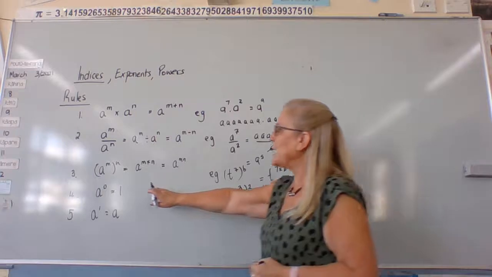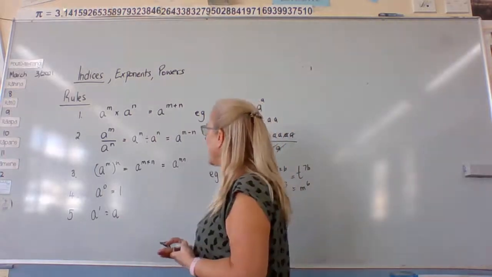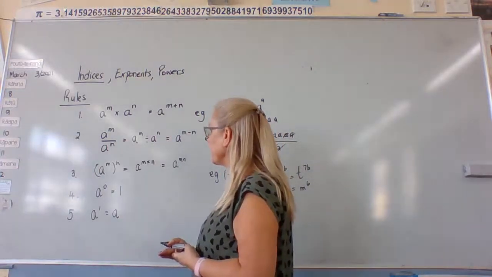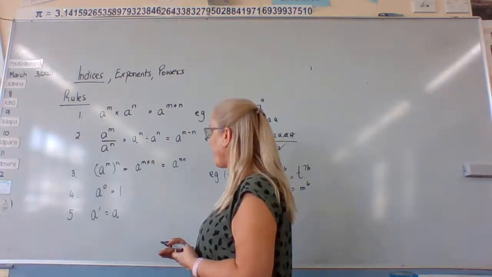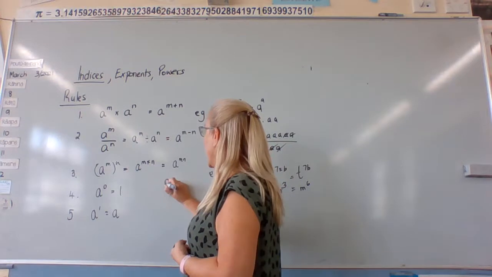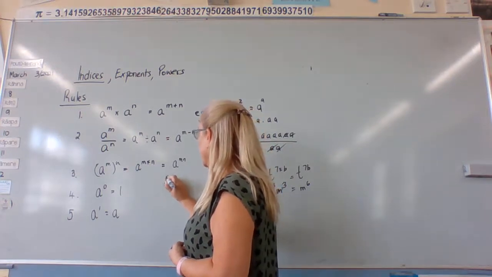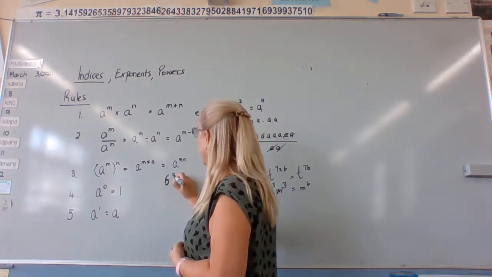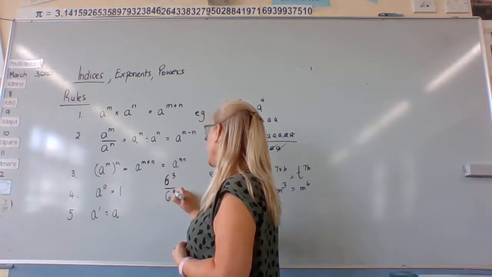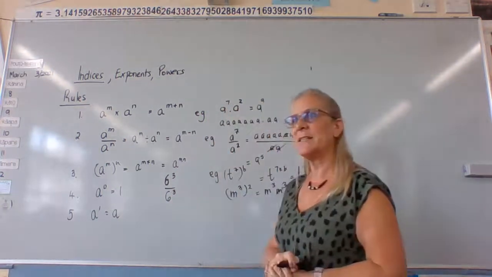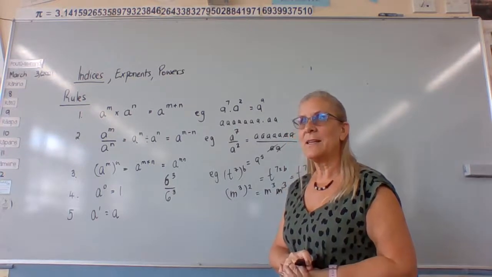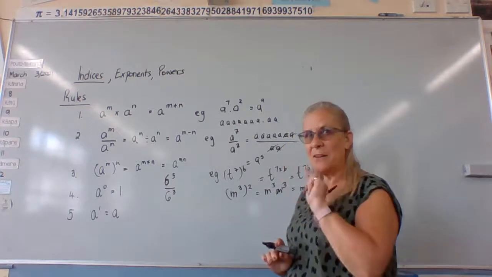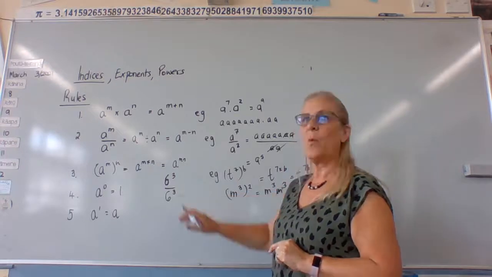So in the case of this one, if we had 6 to the power of 3 over 6 to the power of 3. What's the answer to that? 1, right?